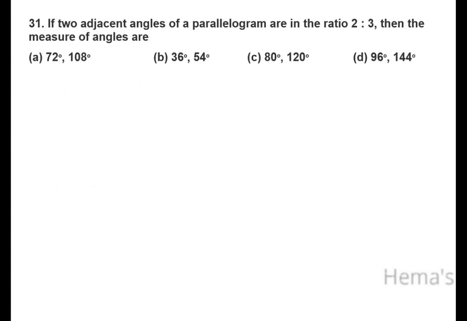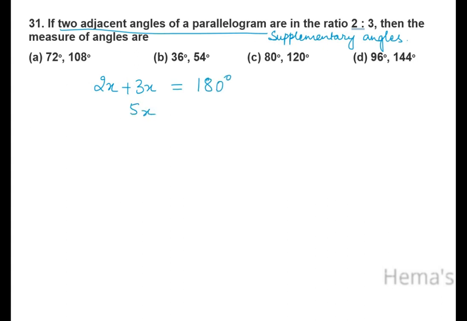Question 31. If two adjacent angles of a parallelogram are in the ratio 2 is to 3, then the measures of the angles are... We know that the two adjacent angles of a parallelogram are supplementary angles. Therefore, 2x plus 3x is equal to 180 degrees, 5x is equal to 180 degrees, and x is equal to 180 divided by 5, which is equal to 36 degrees.